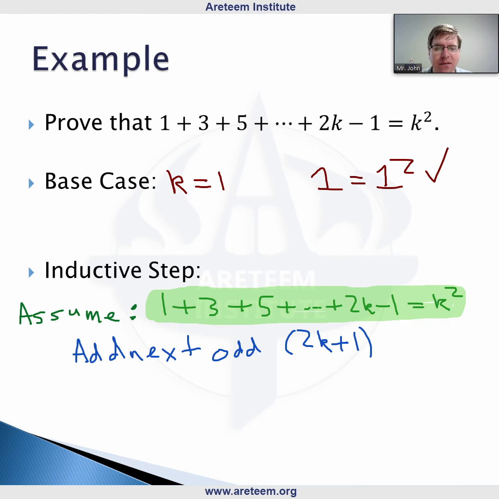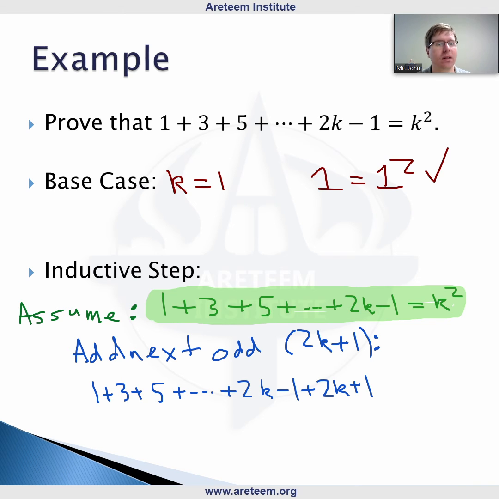Well, if we add this to both sides in this case, on the left-hand side, we get 1 plus 3 plus 5 plus ... And let me just make it clear there that this is then plus 2k minus 1. And then we have our plus 2k plus 1.